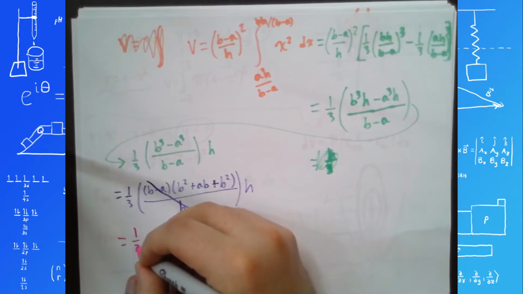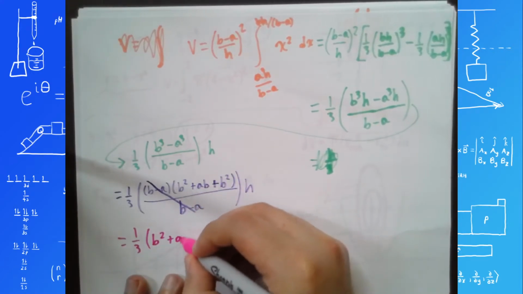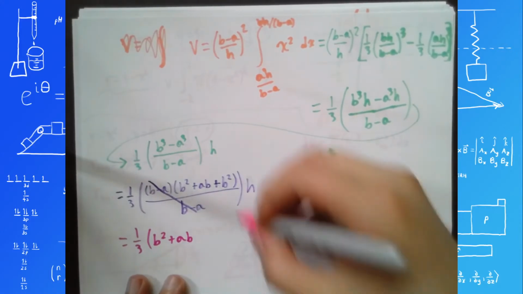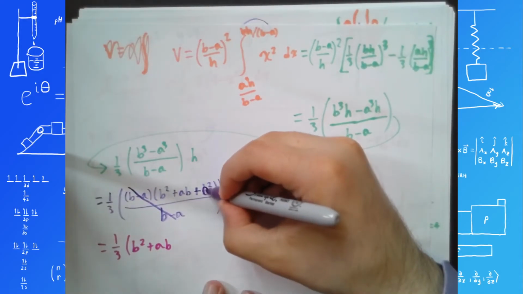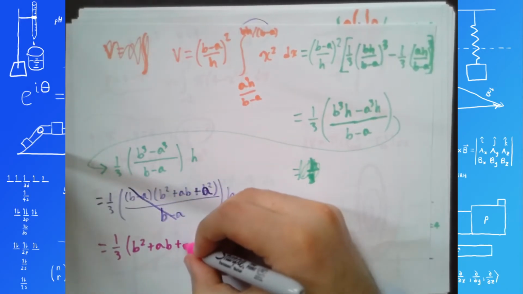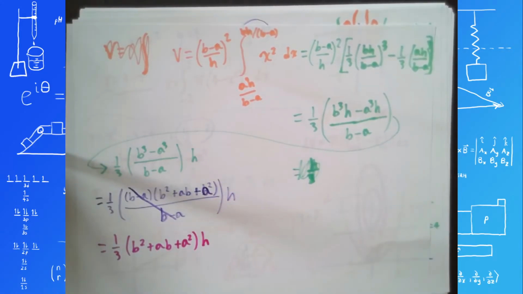So it's 1/3 times B squared plus AB plus, oh wait, did I write B squared there? No, that's supposed to be A squared. My bad. B squared plus AB plus A squared, all times H.